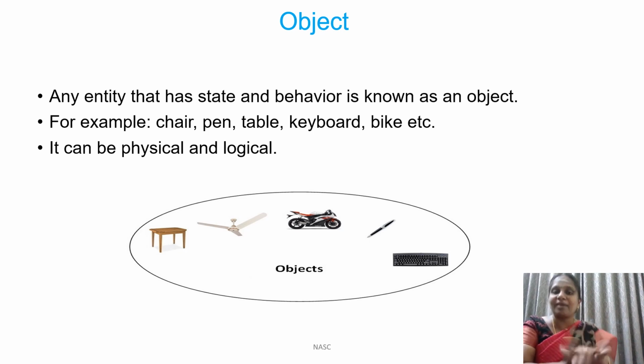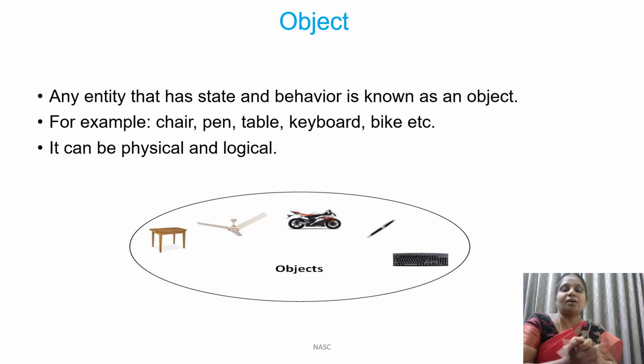The student has a behavior. So these things are called an object. Technically speaking, any entity in the real world that has state and behavior is known as an object.